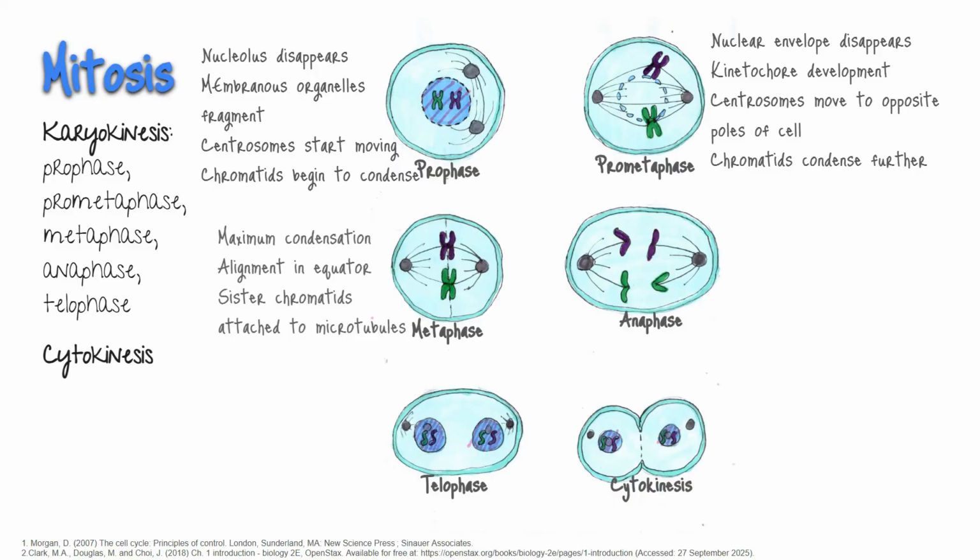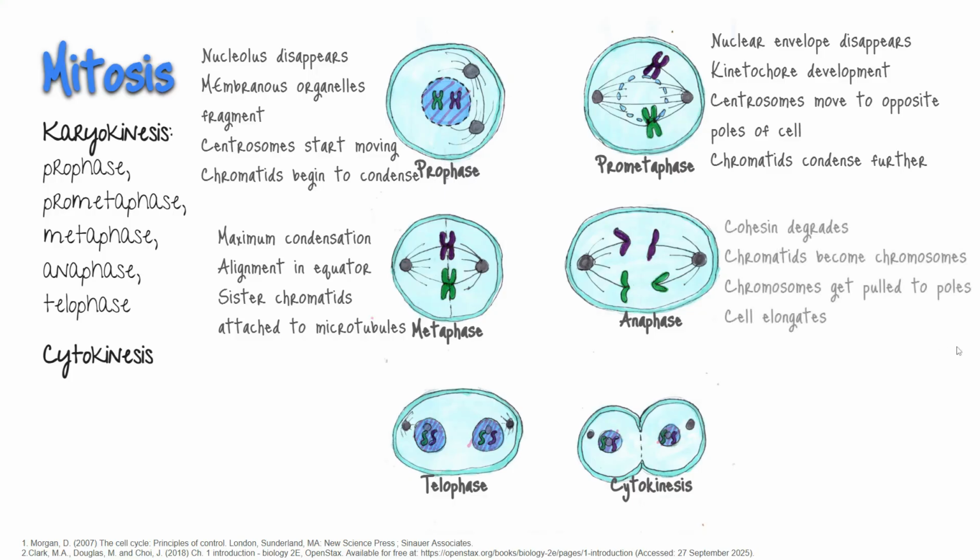Metaphase. In metaphase, chromosomes achieve maximum condensation, and they are aligned in the equatorial plane. Each sister chromatid is attached to a single microtubule fiber originating from the opposite poles.